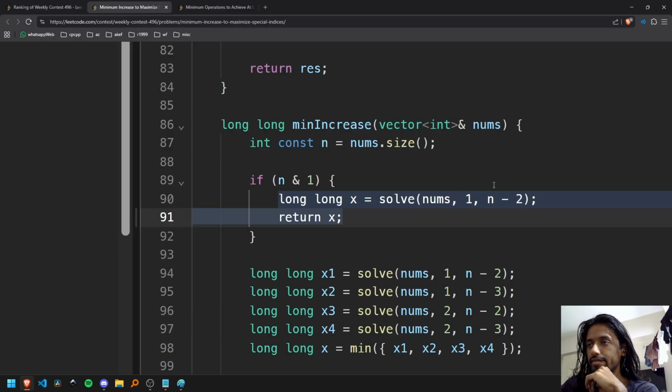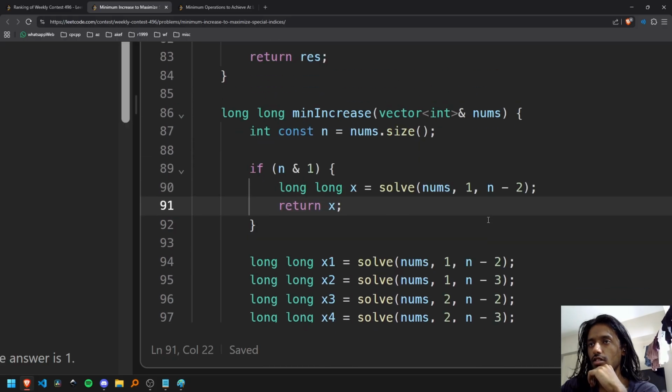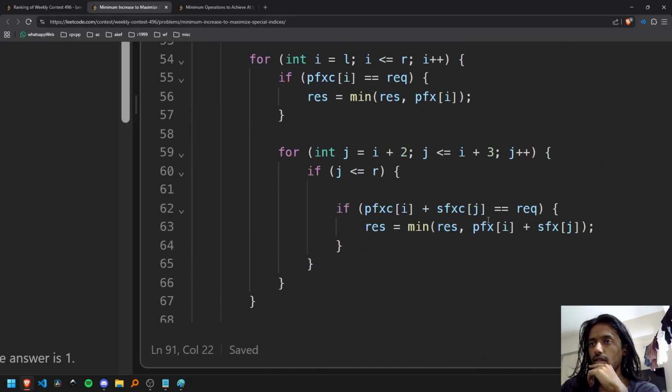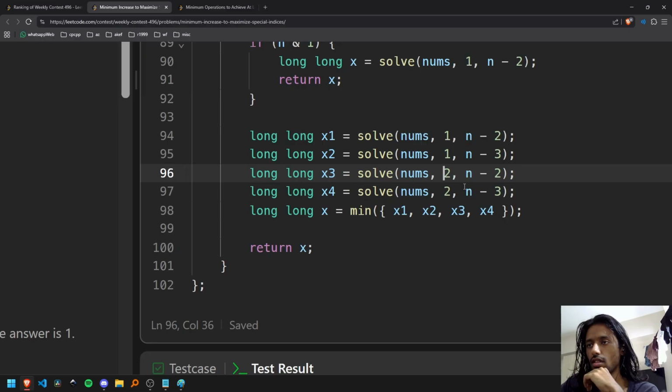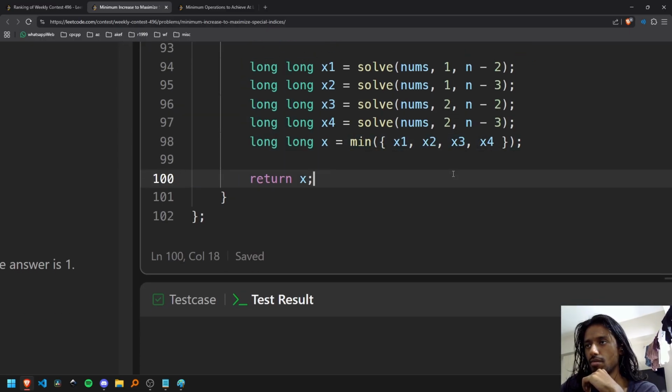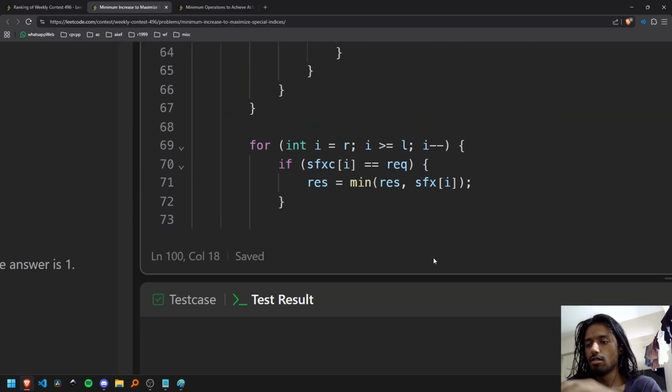The left starts from 1, and the right starts from n minus 1, 2. And we minimize the answer across this. But for the other cases, I am enumerating all the 4 options. Start from 1 and end at n minus 2, start from 1 and end at n minus 3, start from 2 and this, and then across all 4 I am taking the minimum and I am returning the answer.